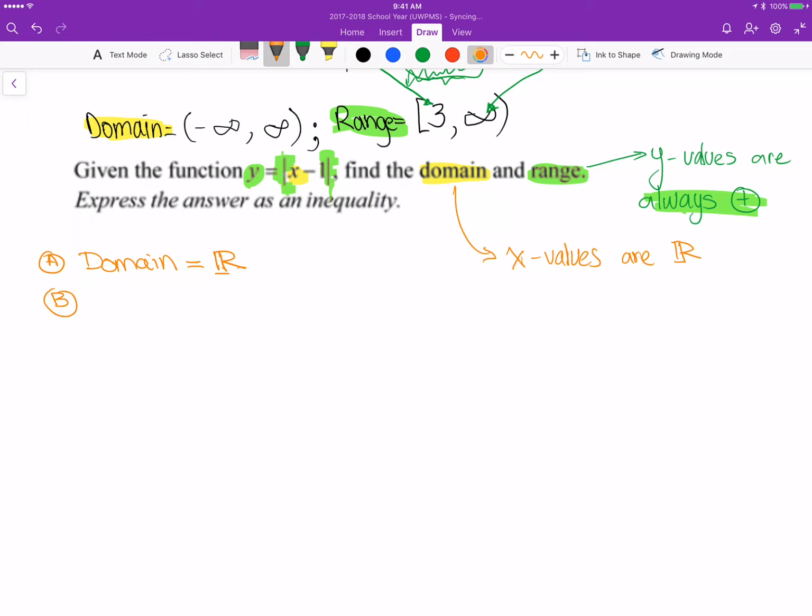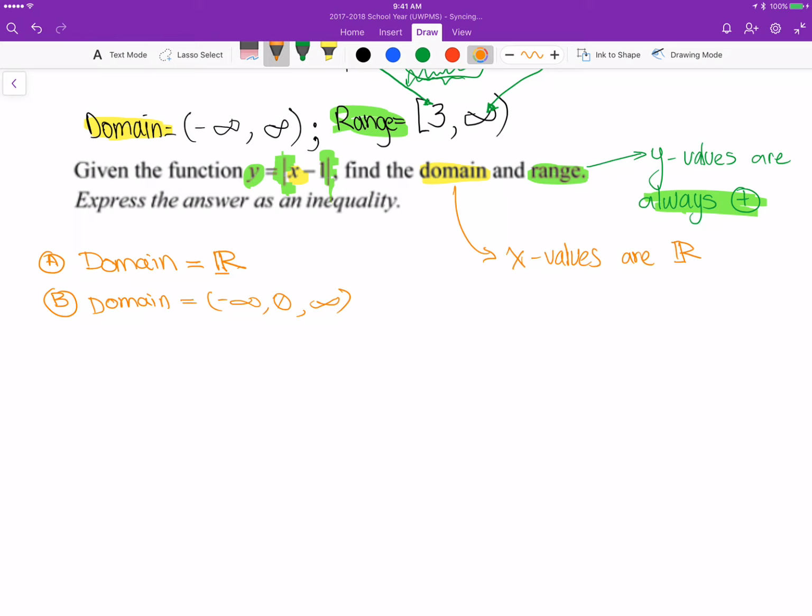Option B, you can say that the domain, that looks more like a P, let me go ahead and change it, equals from negative infinity, it can be 0, and it can be to positive infinity.